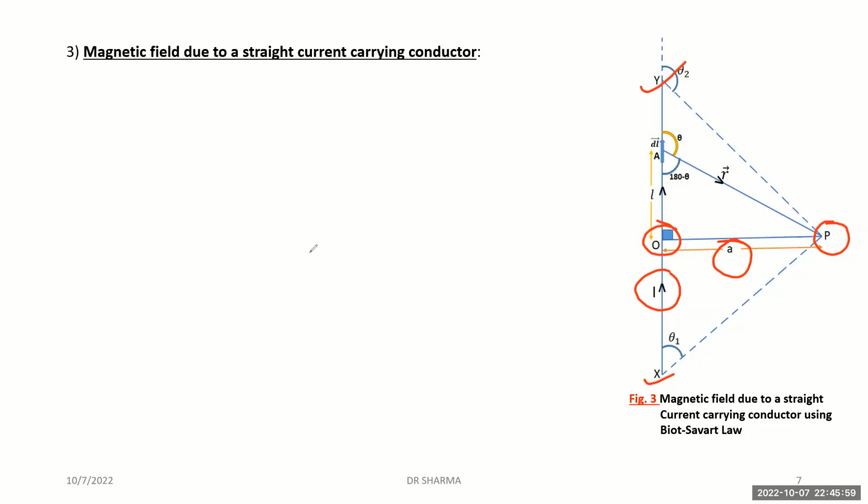Since we are going to use Biot-Savart law, we need to suppose a current element at any point on the conductor. So we consider an elemental current or current element of length dl at point A, then join point A and point P.